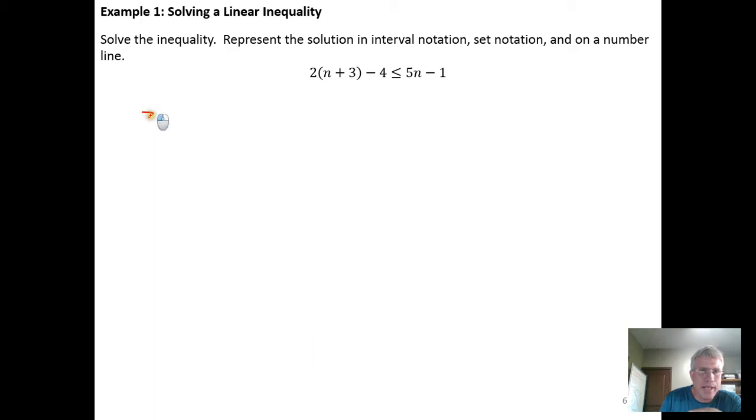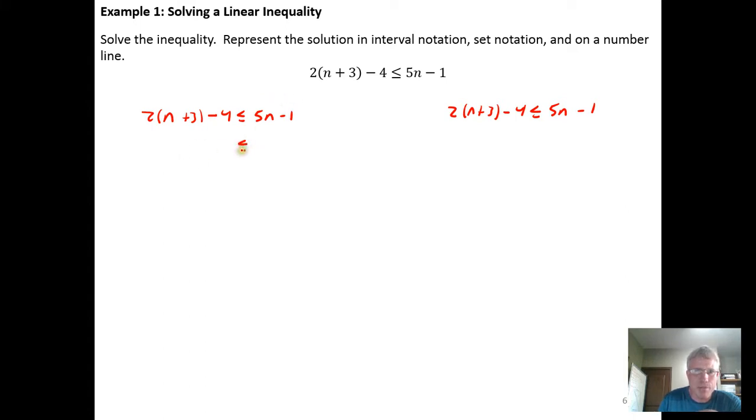So start by rewriting the inequality, and I'm going to do this particular inequality two ways. So I'm going to rewrite it twice to set it up for two solution methods. Working this one through, I'm going to choose to get n on the left side and the numbers on the right.